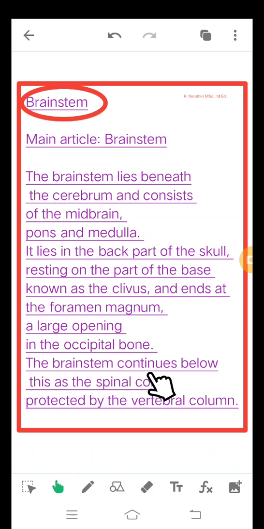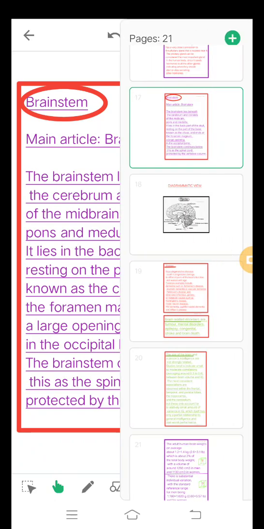The brain stem continues below this as the spinal cord protected by the vertebral column. So, this is something about the brain stem.